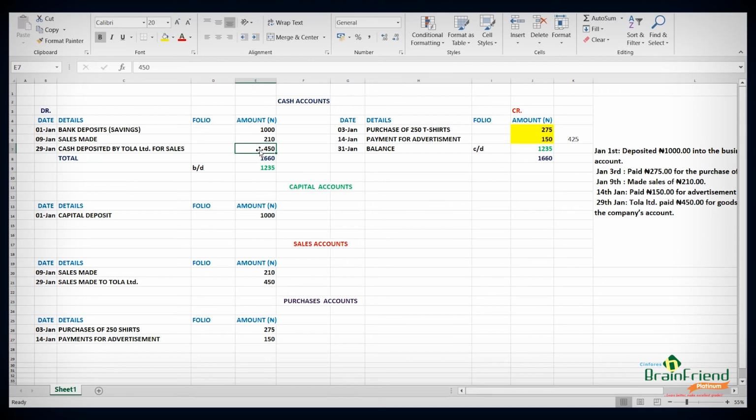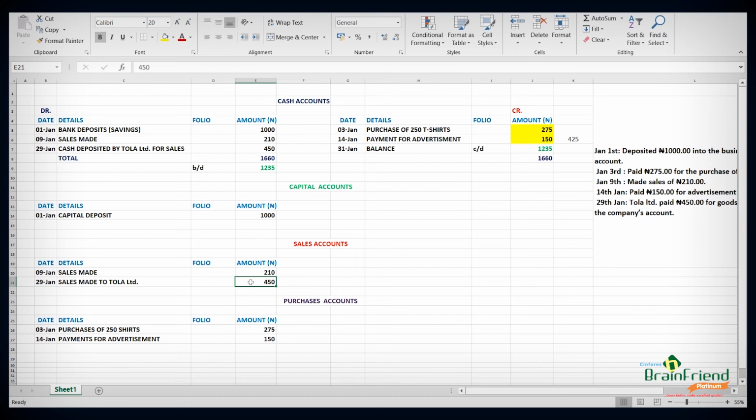So you can see that the transactions that can be found in our sales account should be: number one, sales made, 210 naira, and sales made to Tola Limited, 450 naira.